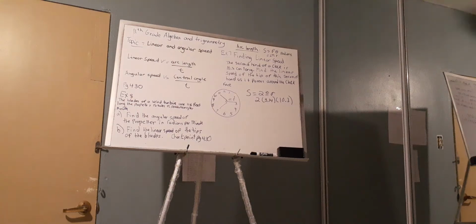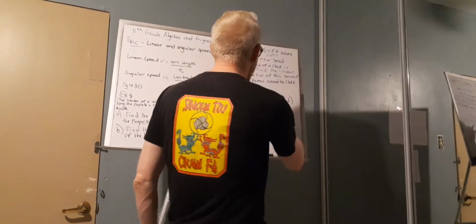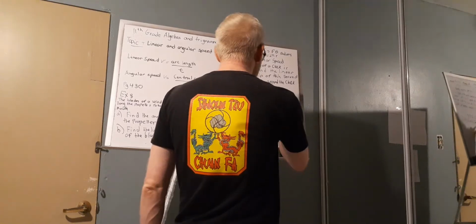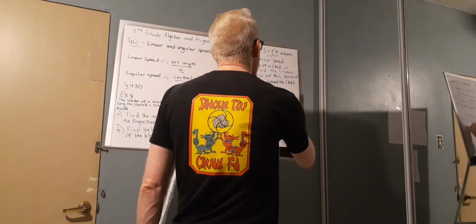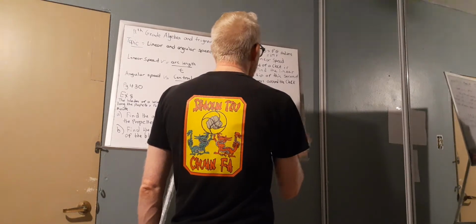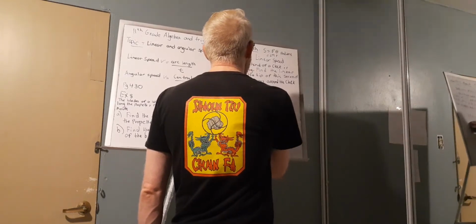So what you're going to do is multiply 2 times 10.2, which is 20.4 pi. If you have a calculator, let me start that again.